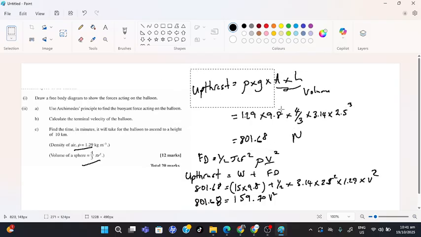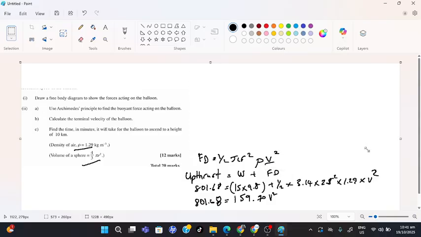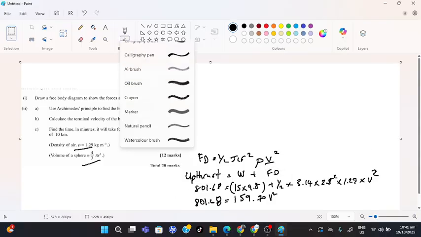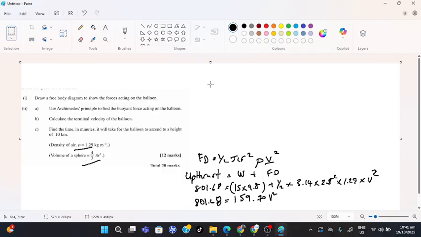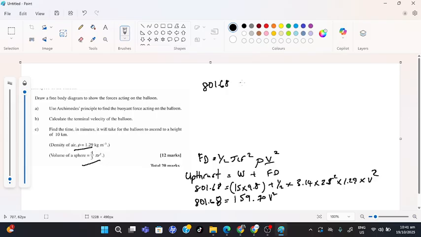All right. Erase this, and I'm going to divide both sides by, sorry, it's going to be 0.868, 159.7 v squared.